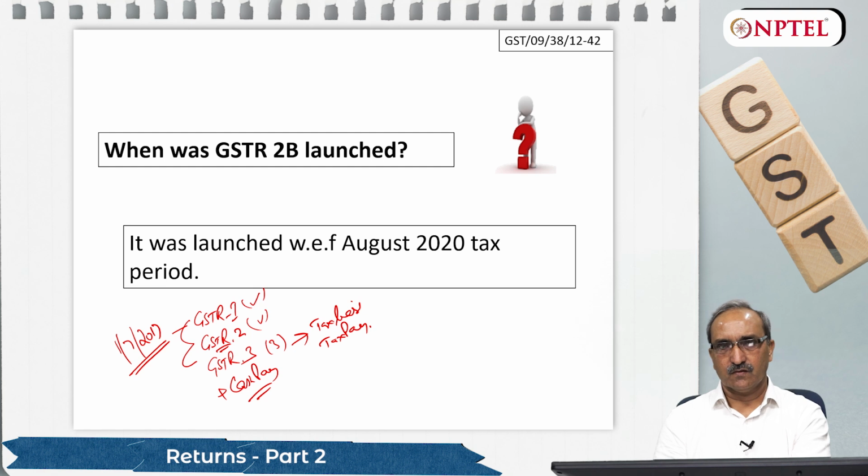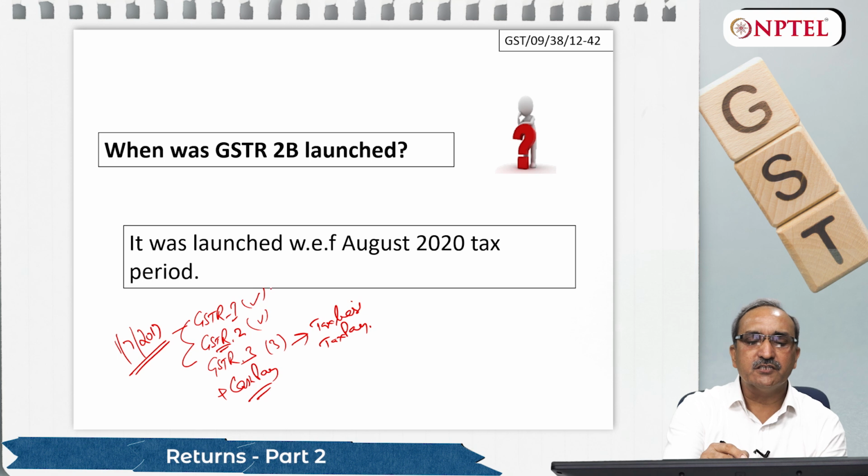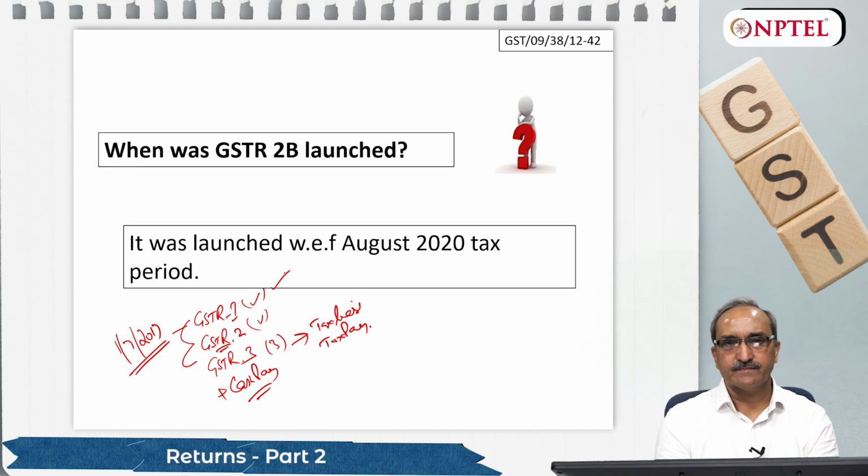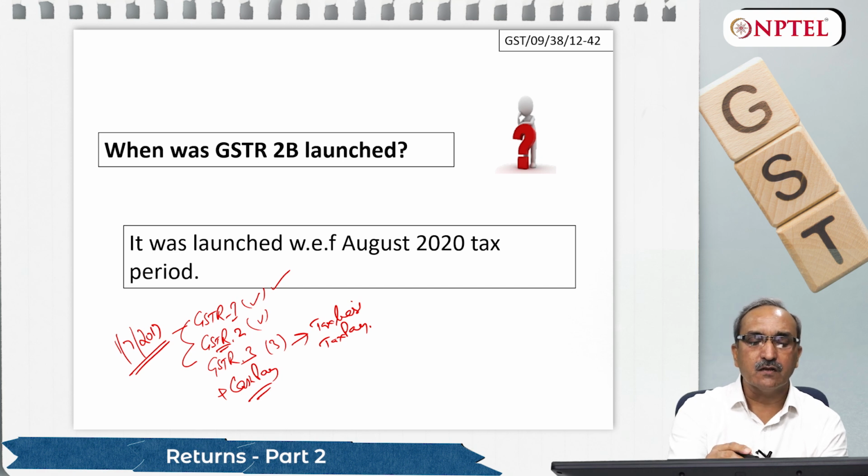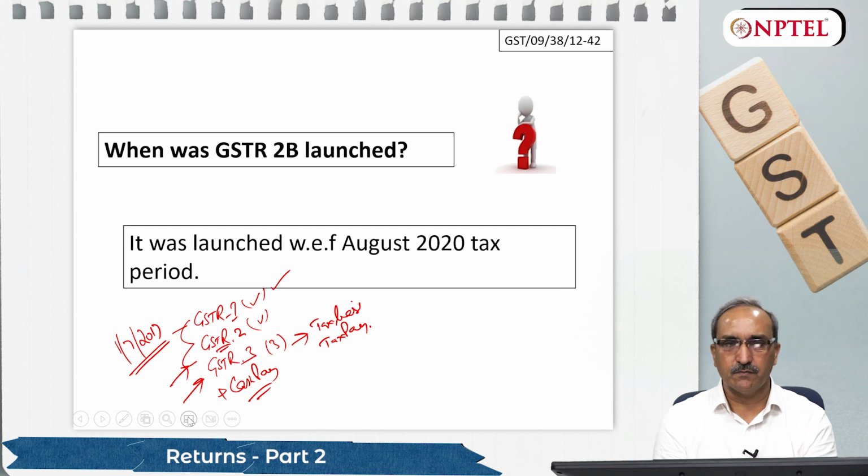But friends, for some reasons we filed GSTR 1 for July 2017, but due to some technical glitches at the GST portal, we were not in a position to file GSTR 2 and GSTR 3. And we never filed these returns. These returns never saw the light of day.